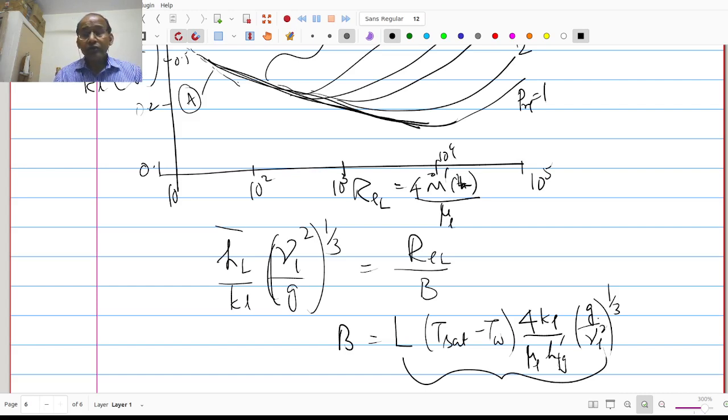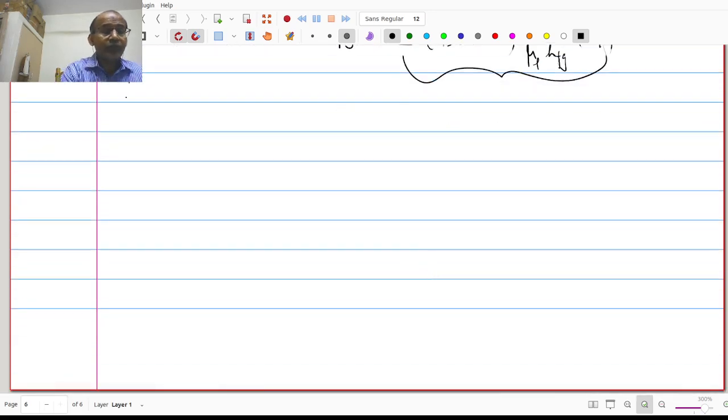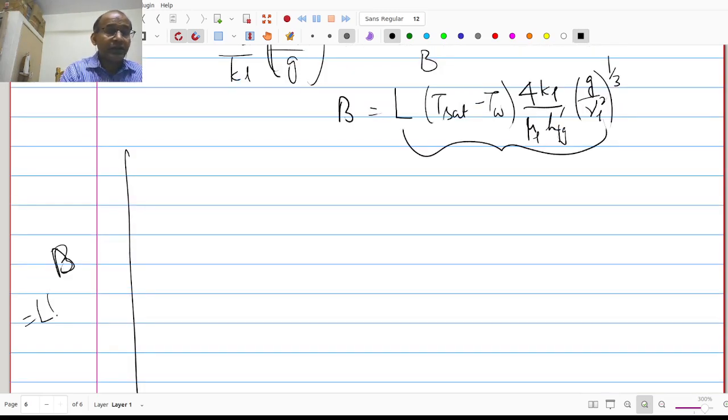And for a given value of B, the Nusselt number will basically give you the value of REL. So the plot is made with B on the y-axis, which is actually equal to L times (T sat minus T wall) into 4KL divided by mu L HFG prime into (G by mu L squared) whole to the power 1 by 3.